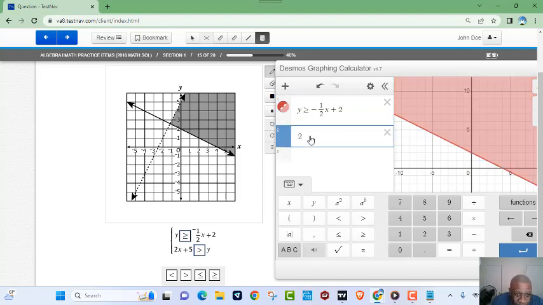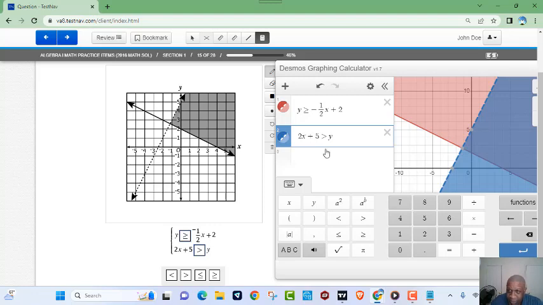We have 2x plus 5 is greater than y. And yep, there it is, right there. Yep, so we have this correct here. All right, let's go on to the next question.